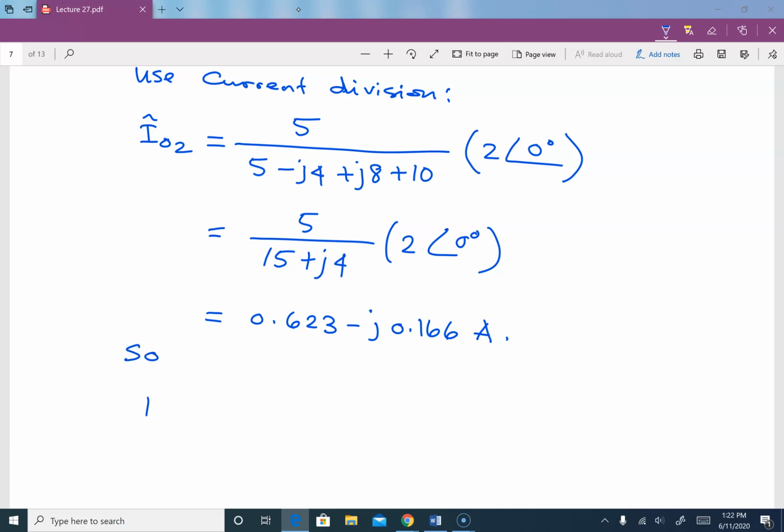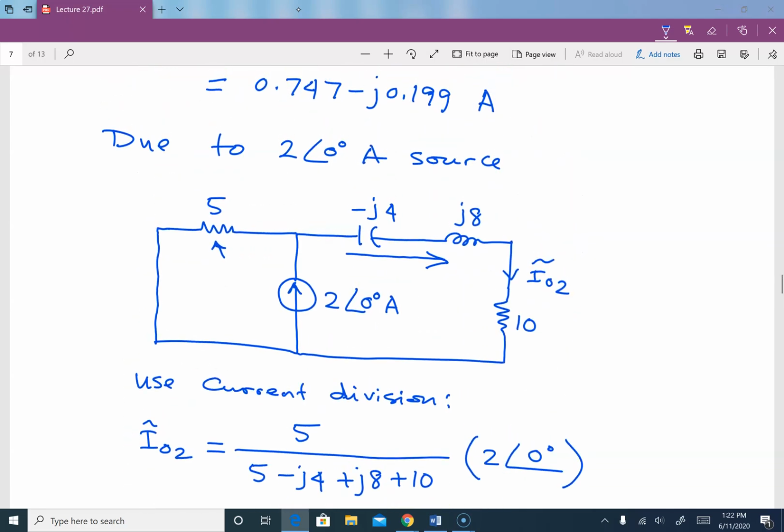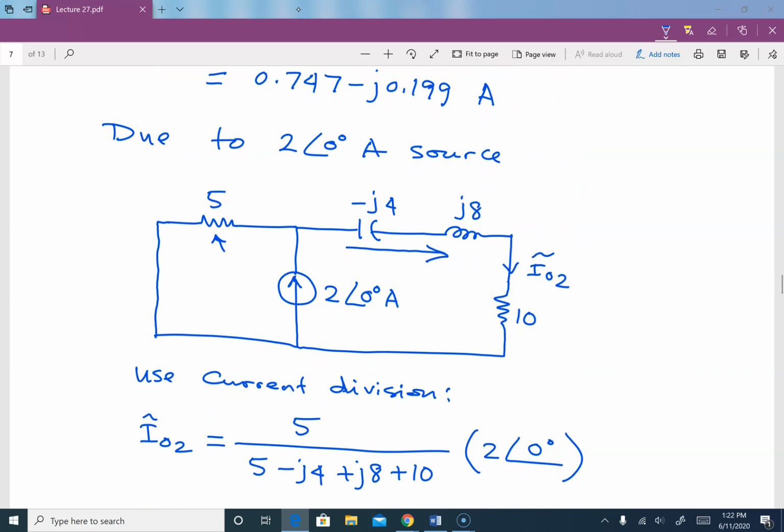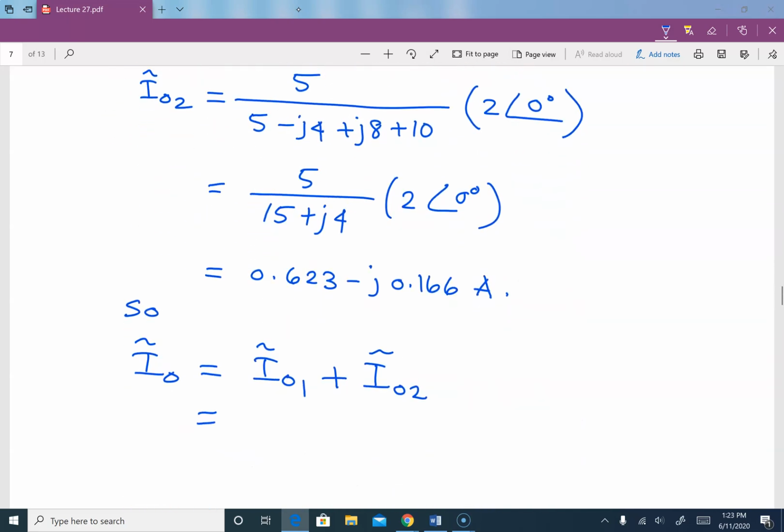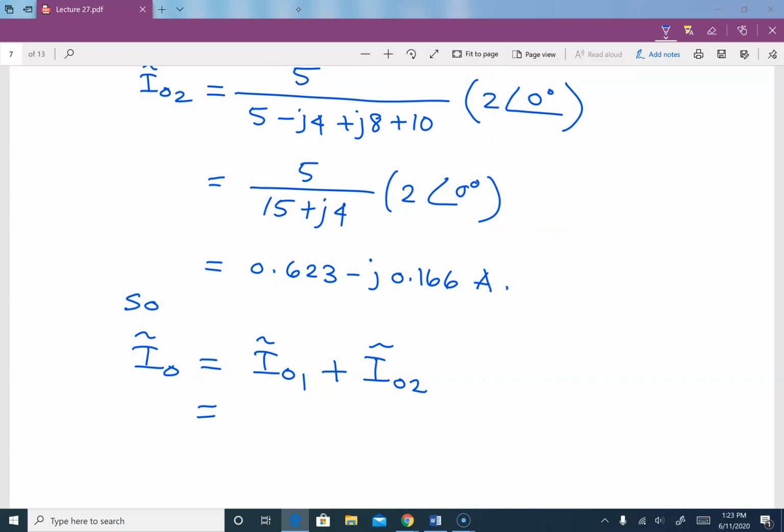So now our total current I naught is equal to I naught 1 plus I naught 2. I naught 1 came out to be 0.747 minus J 0.199. So that is 0.747 minus J 0.199 plus 0.623 minus J 0.166.